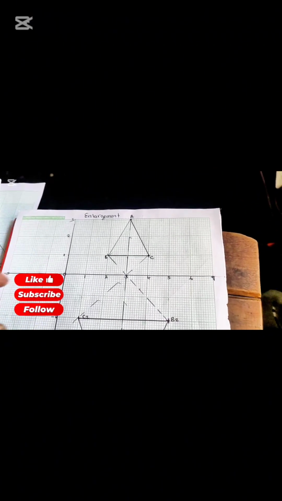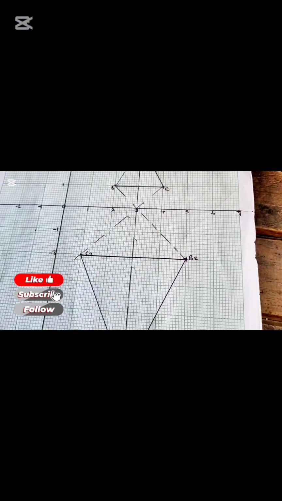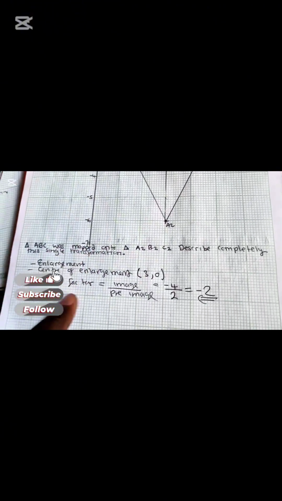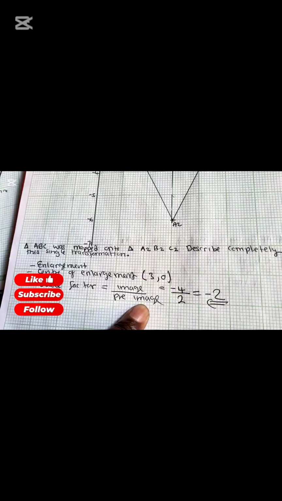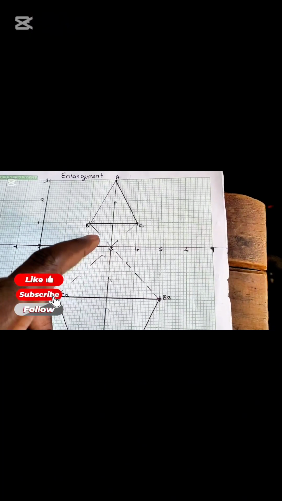When you are describing enlargement, you have to mention enlargement, then the center of enlargement, and the scale factor. When you join corresponding points, they will meet at one common point, and that common point is the center of enlargement.